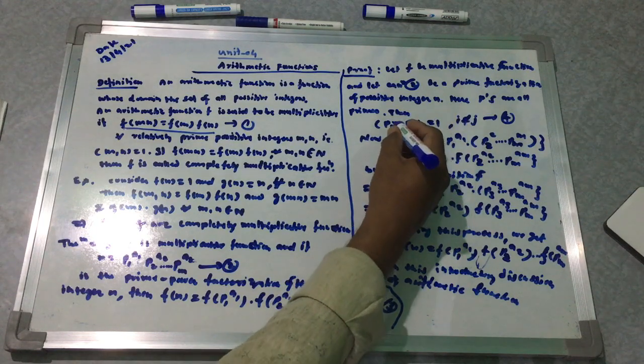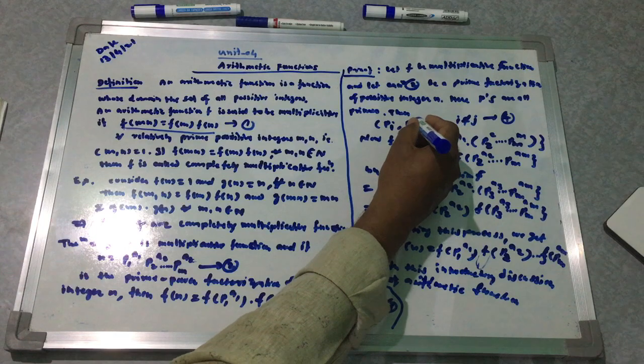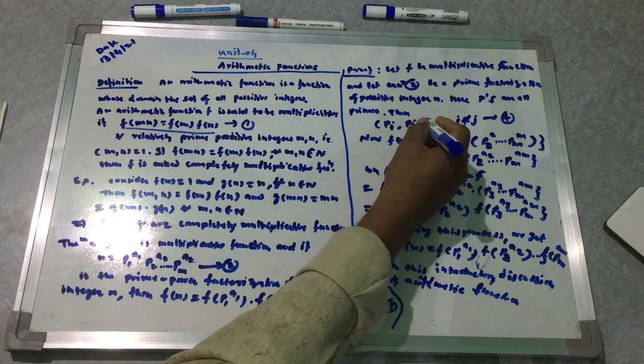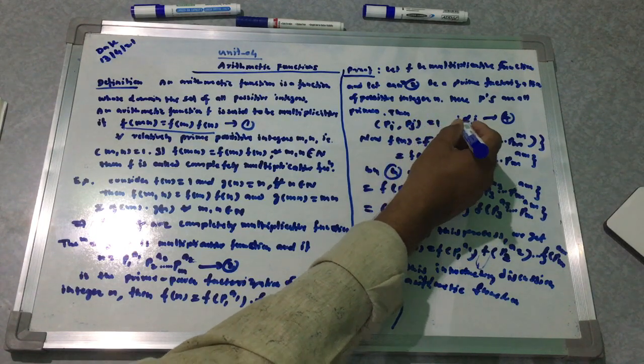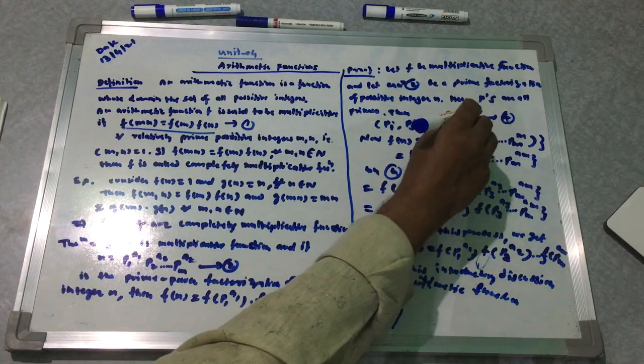Then gcd of p_i and p_j is equal to 1 for i different from j. This is the fourth equation.